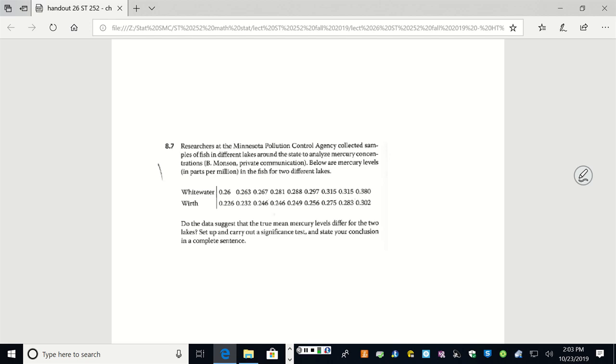They have 9 observations in each, but there's no indication that these are matched in any way. Do the data suggest that the true mean mercury levels differ for the 2 lakes? Set up and carry out a significance test and state your conclusion. A significance test is a hypothesis test of the statistical significance of that.